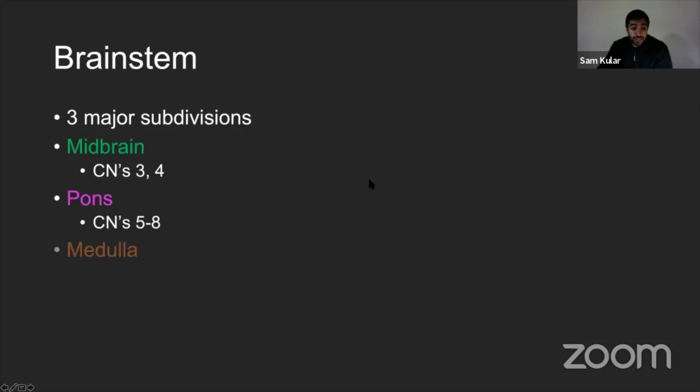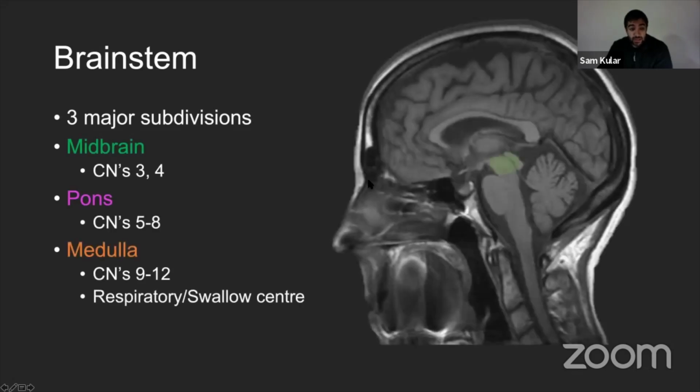And then we have our brainstem, as we briefly mentioned, composed of our midbrain at the top, our pons, which is the bulkier aspect in the middle, and then our medulla. And each of these layers, essentially the brainstem itself as a whole, is our origin point for our cranial nerves.